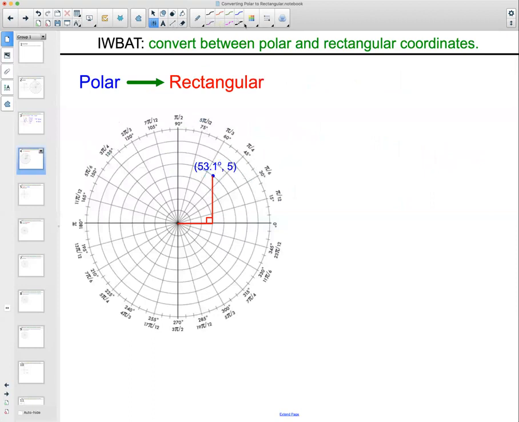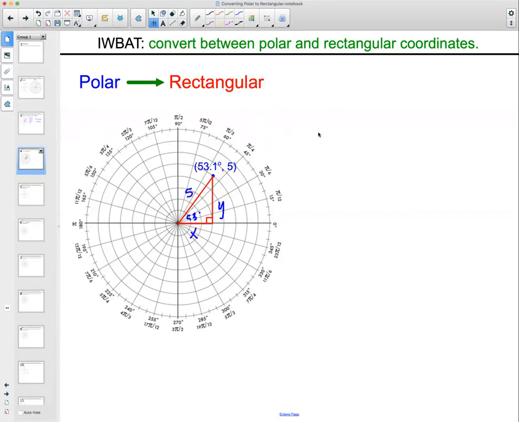So now if you have that polar point, and then you want to convert back to rectangular, in this case, we have the radius already given to us, and then this angle given to us. So now what we need to do is find this X and this Y. So now you're just going back to right triangle trig with an angle, looking for the adjacent side given the hypotenuse.